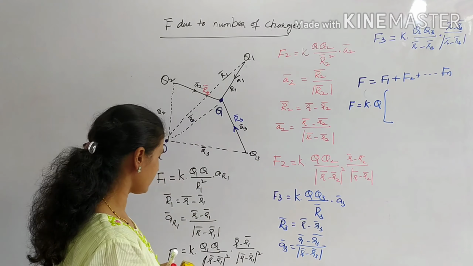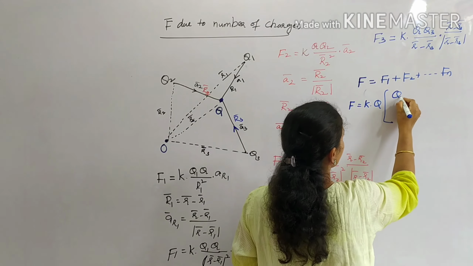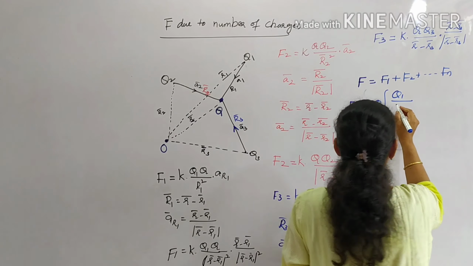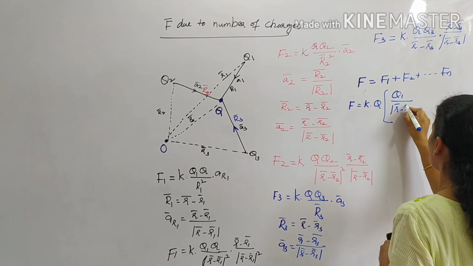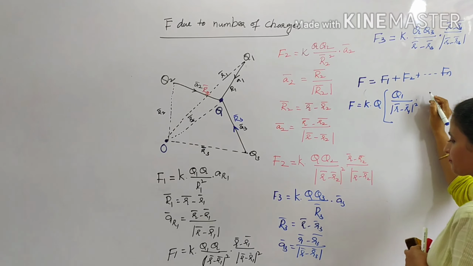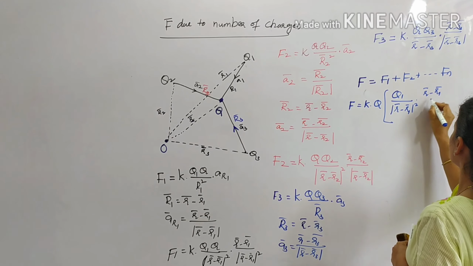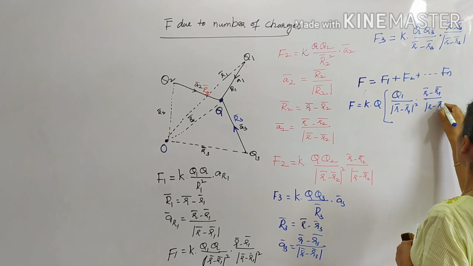Then what is there inside? In the first case, Q1 divided by the magnitude of r bar minus r1 bar squared, into r minus r1 bar divided by the magnitude of r minus r1.